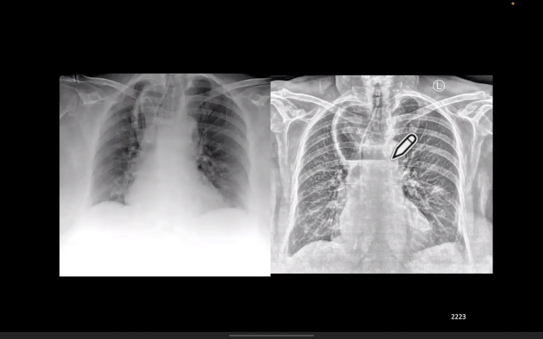Okay, so this is the same patient, I beg your pardon, who has got a fluid level further down, and they're passing a nasogastric tube, and there's the nasogastric tube that's been coiled up high in the esophagus.